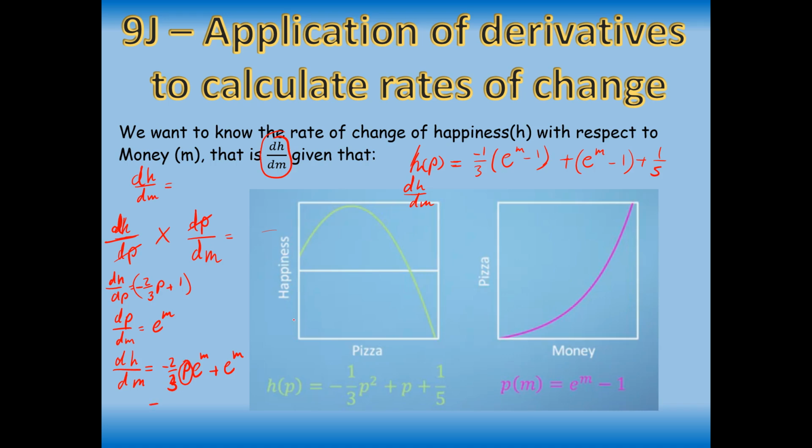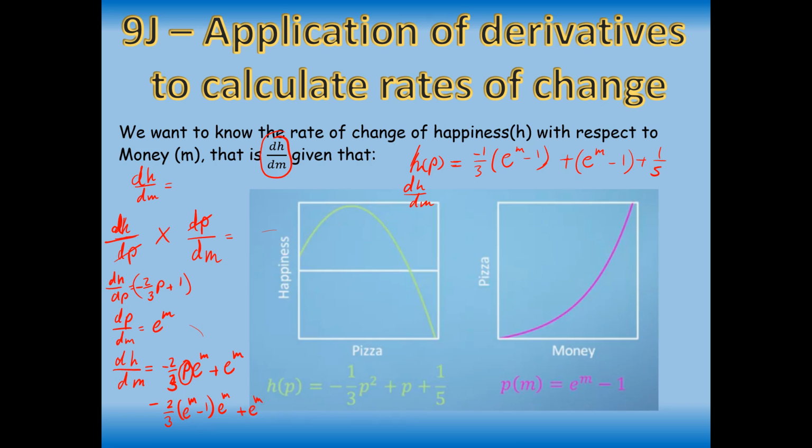We can use our expression for p, which was e to the power of m minus 1. So we could simplify this as e to the power of m minus 1 multiplied by another e to the power m plus e to the power m.